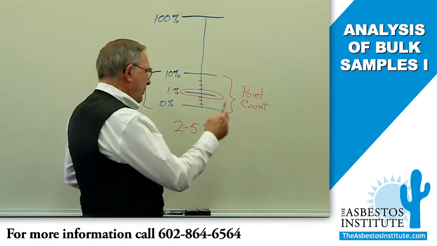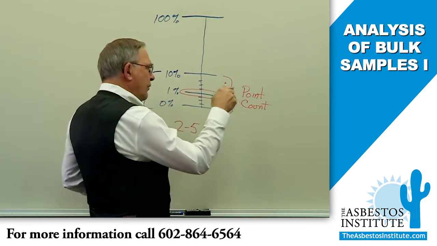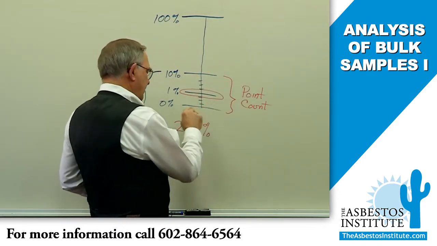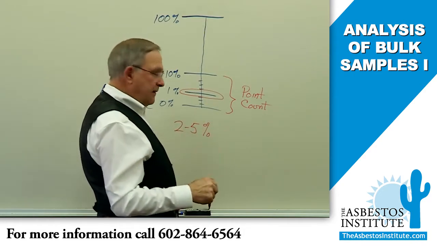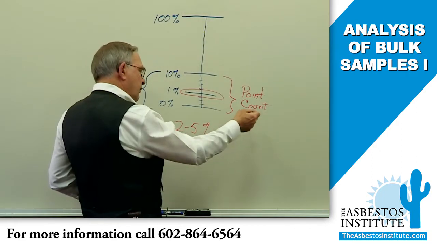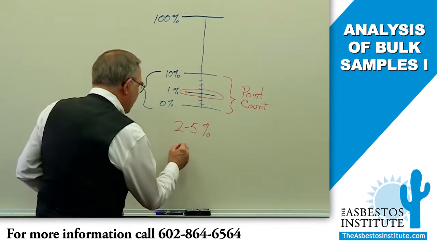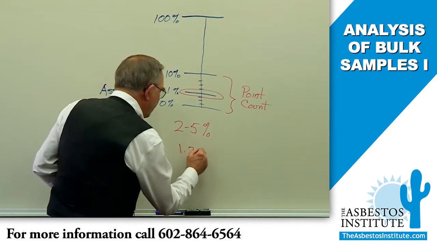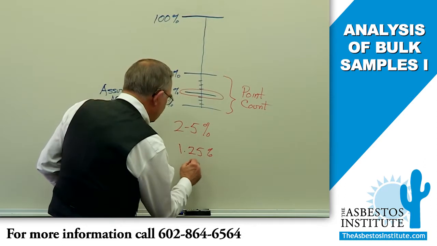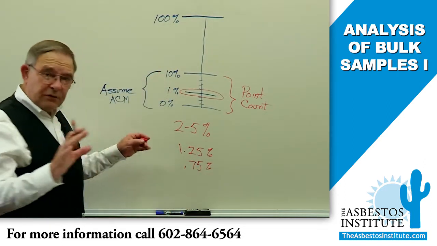Okay, if we point count, instead of looking at the big picture, we count specific points randomly distributed across a slide with the optical piece in the microscope, and we report with a quantitative number. So we may get a number like 1.25% or 0.75%. Okay, but it's a real number.